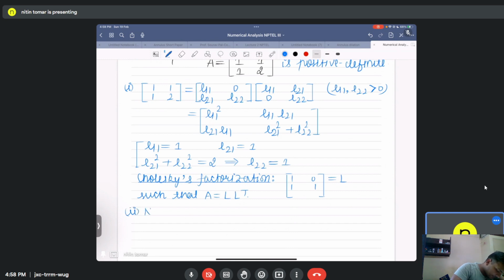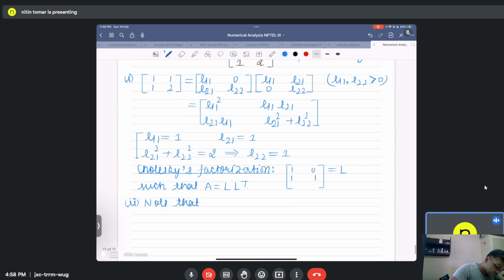Note that you can choose L1 to be [-1 0; -1 1] also, right? Because L11 square was 1. Why did this 1 come into the picture? Because L11 has to be positive for Cholesky's factorization. In general, it need not be true.